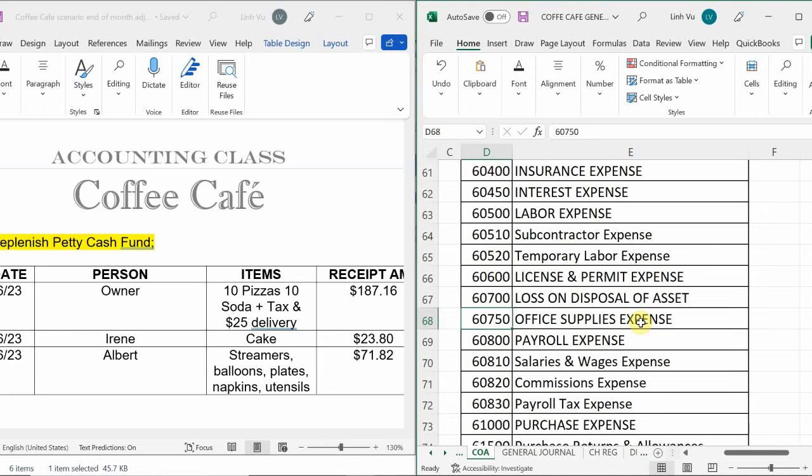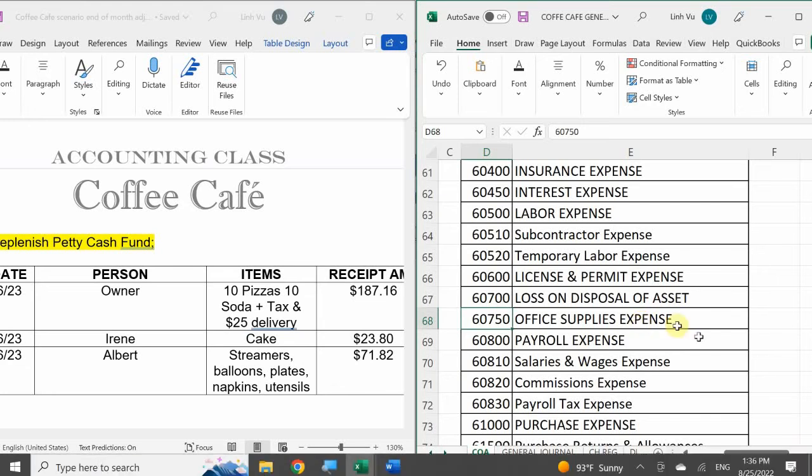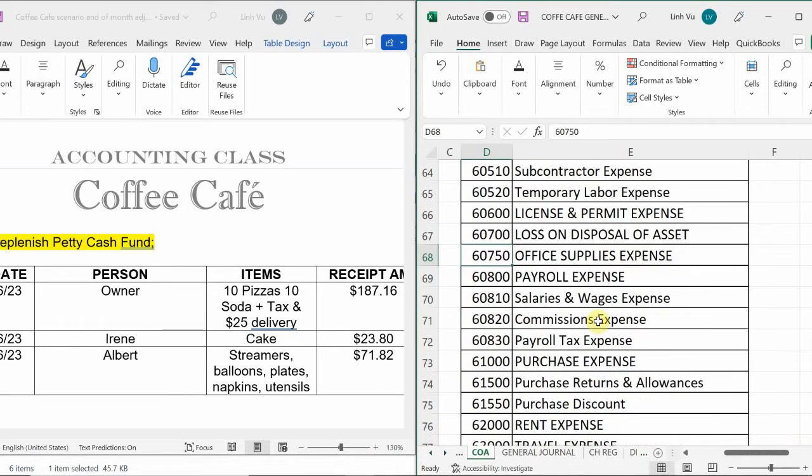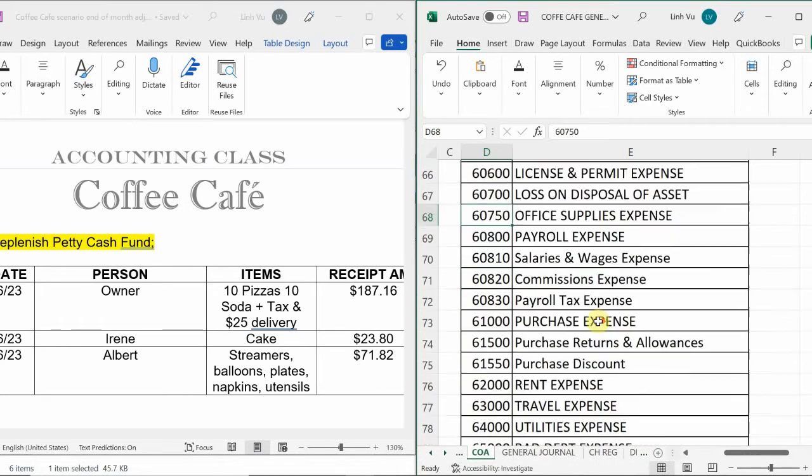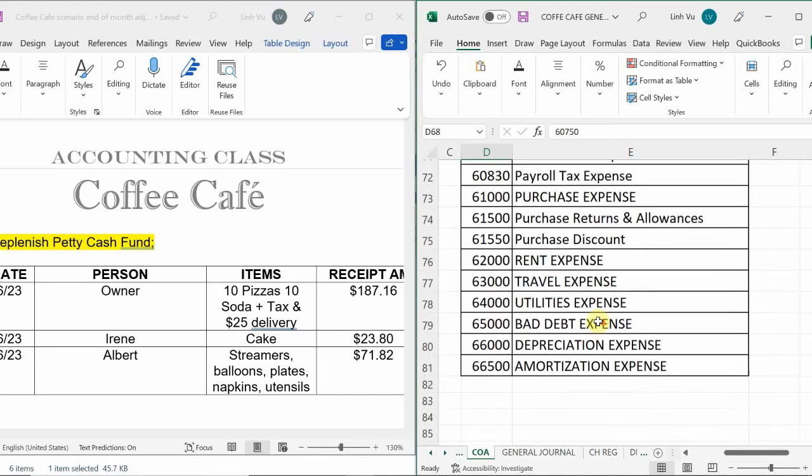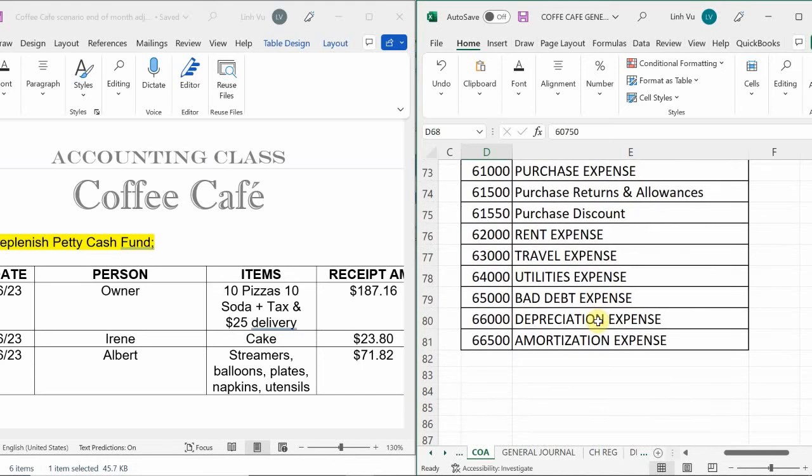In this case, did they buy office supplies? A little bit. Well, balloons, plates and napkins can be, but not necessarily. The food is the main thing.